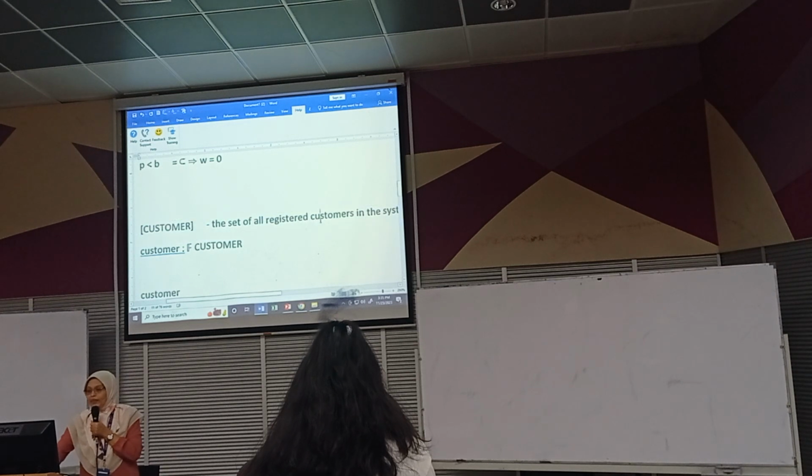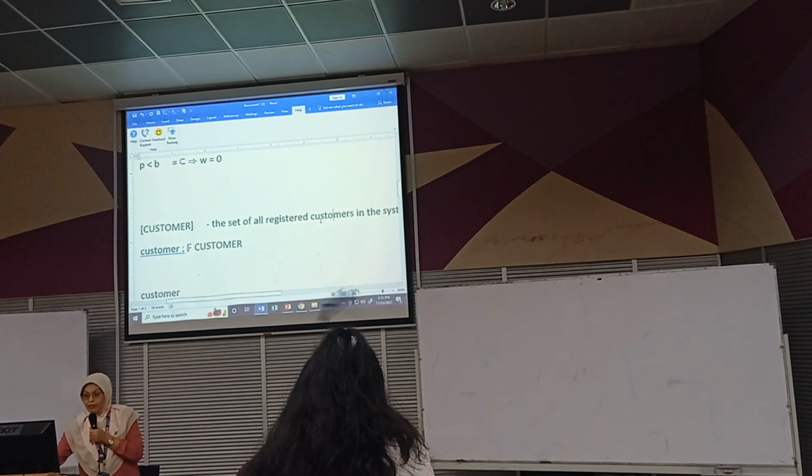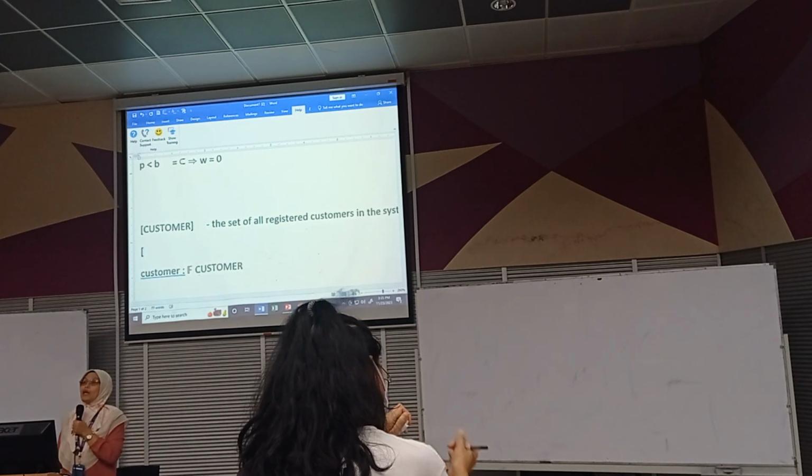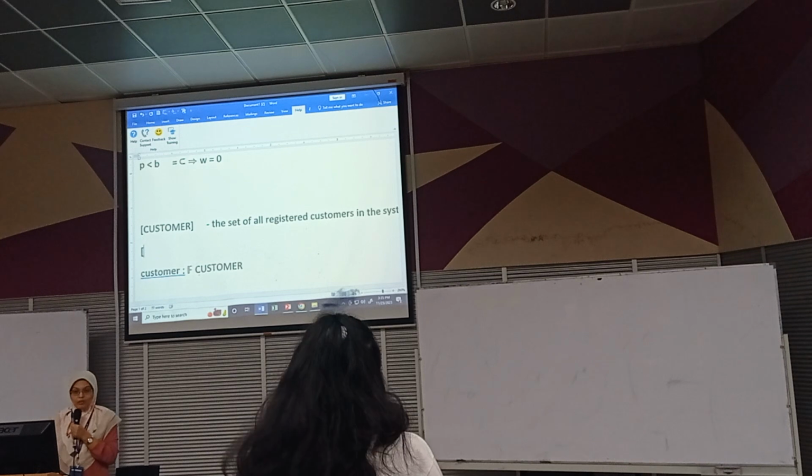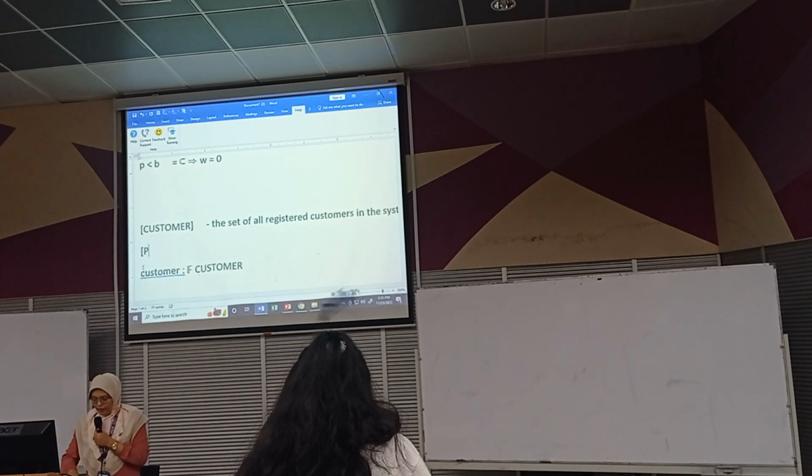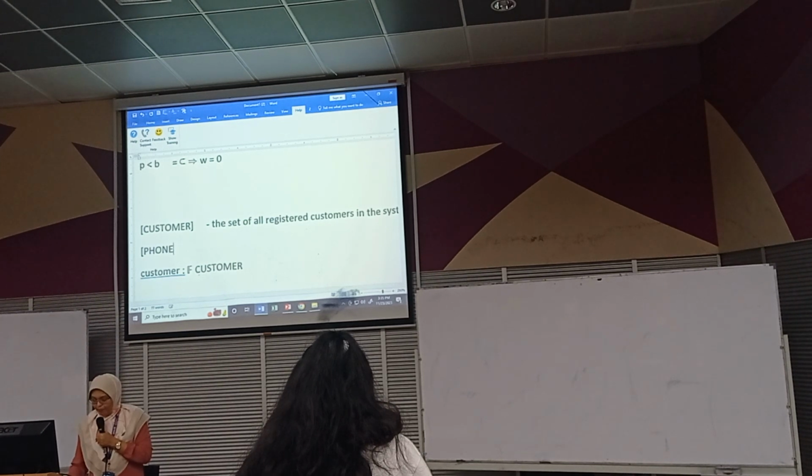So if you have another one, let's say phone number. Let's say I have phone number. Also a string, so I put phone, maybe A. Okay, I put like this.